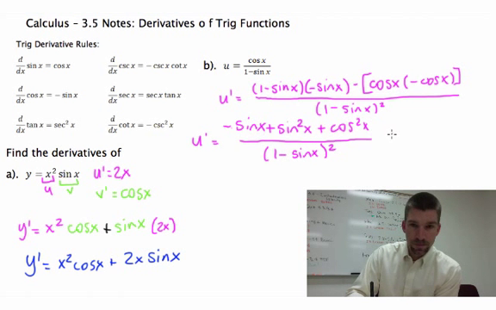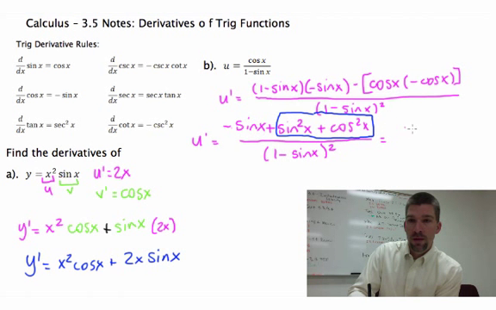All right, looks like this. And if you'll remember back to the glory days of trig, we loved anything that showed up as cosine squared x plus sine squared x, because that whole thing goes to 1. And so what I'm really working with is 1 minus sine x over 1 minus sine x squared.